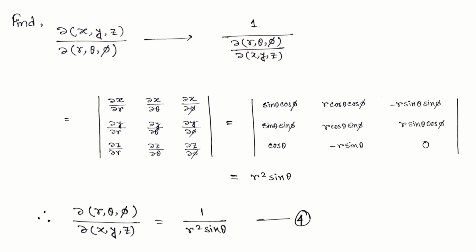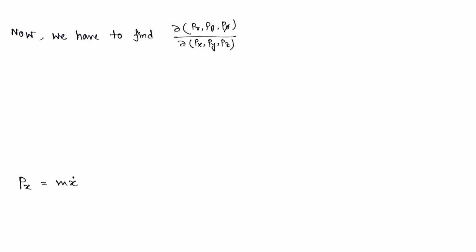Now we have to find this element for the momentum also. For the position coordinates we have the relations, but for the momentum we have no relation, so we have to establish the relation. First try with p_x.